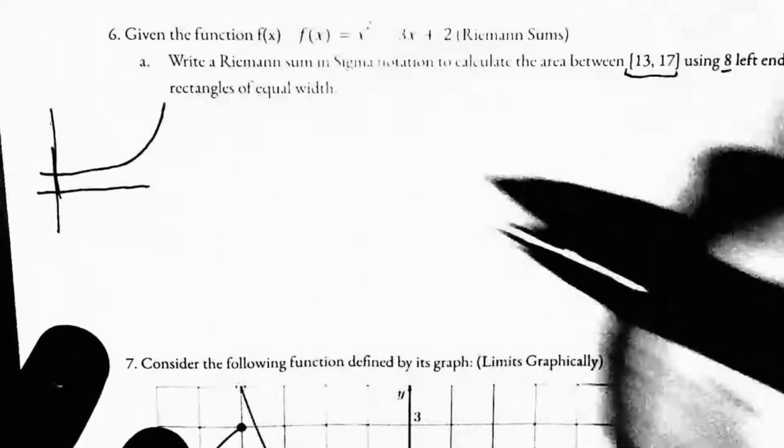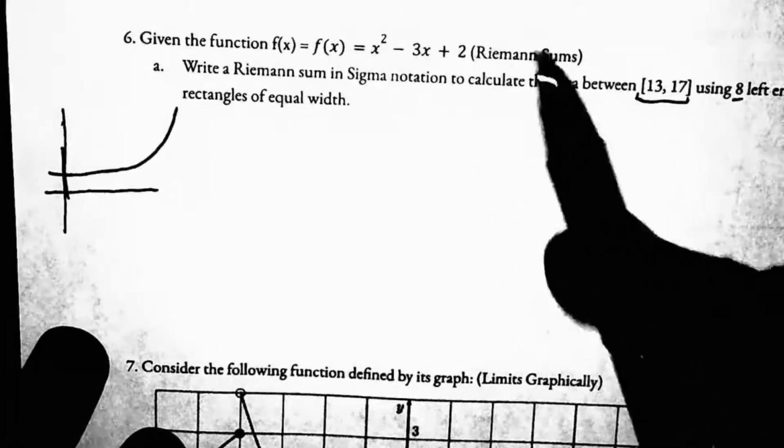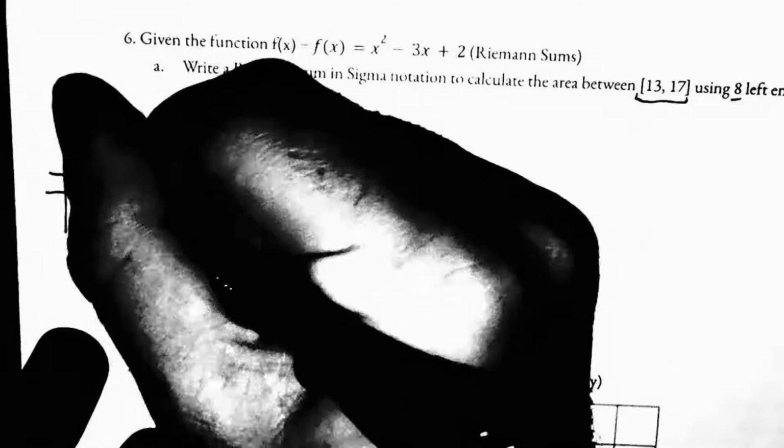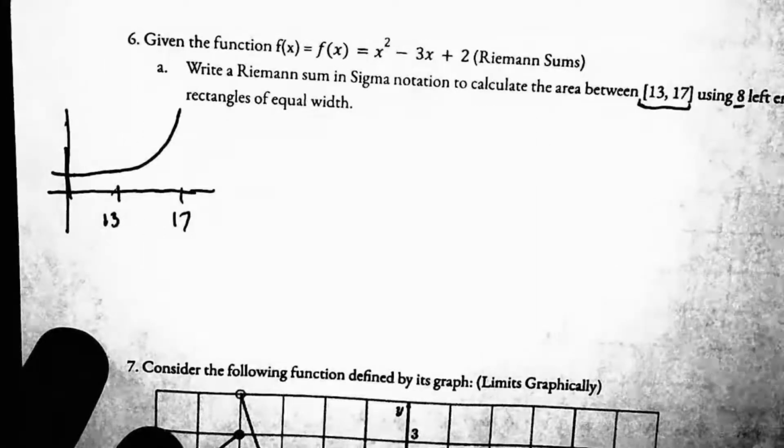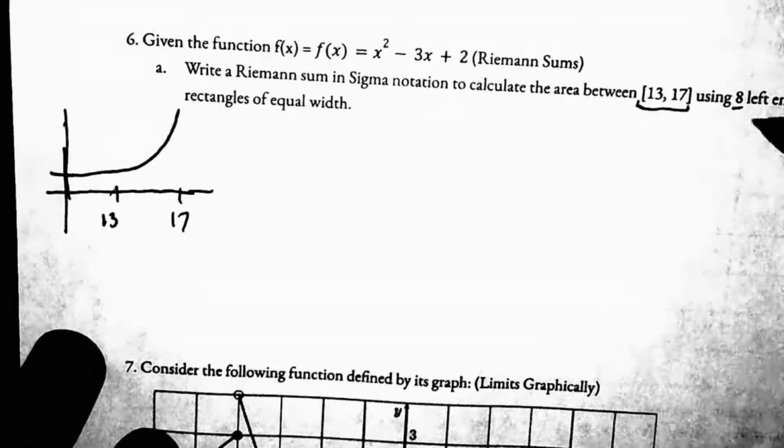Okay, so if we imagine this is our function, it's not accurate at all, but I'm just drawing it to show you it doesn't have to be accurate. Let's say that this right here is 13, and this is 17 right here, and I'm doing 8 left point rectangles.